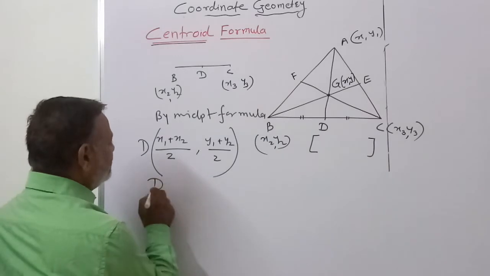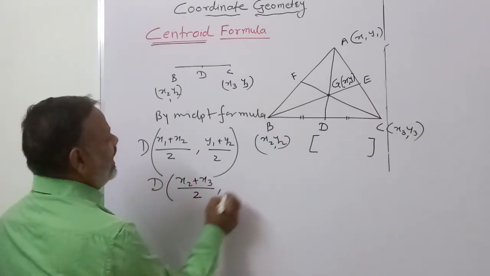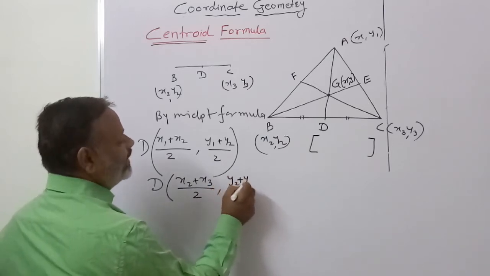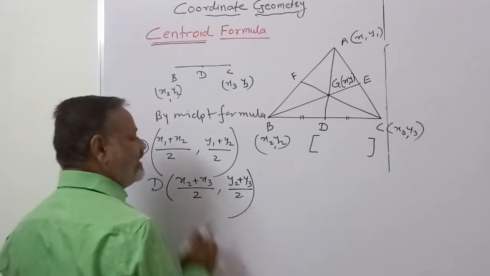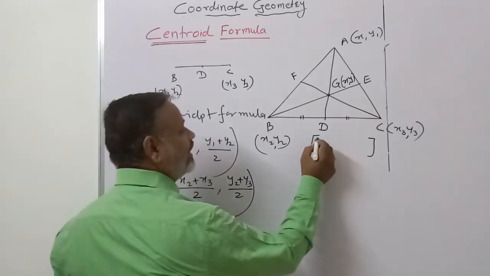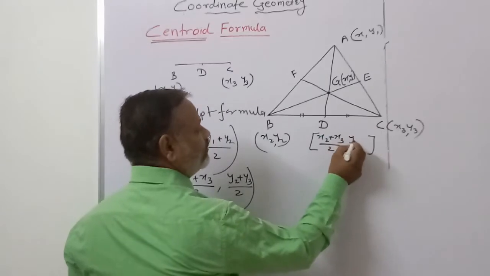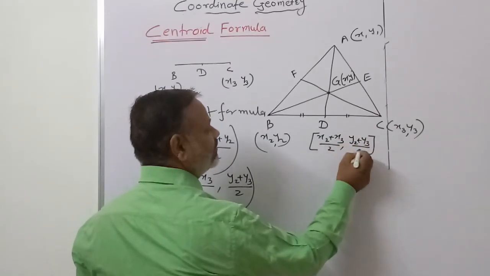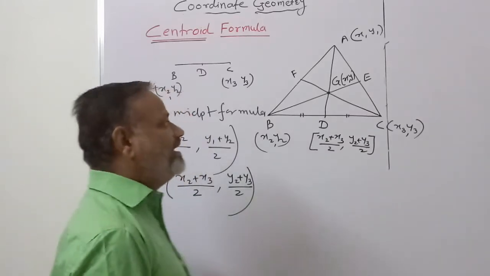So the coordinate of D is x2 plus x3 upon 2 and y2 plus y3 upon 2. तो D का coordinate हो गया x2 plus x3 upon 2 and y2 plus y3 upon 2. Understood? Now here we got the coordinate of D.